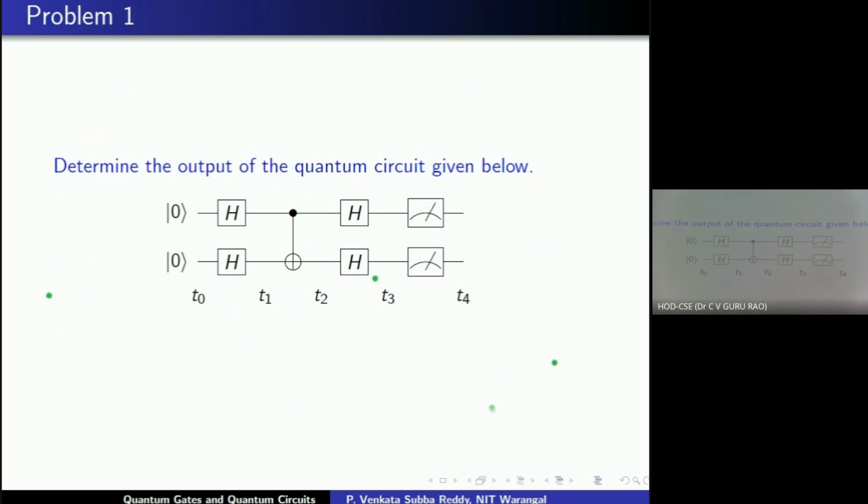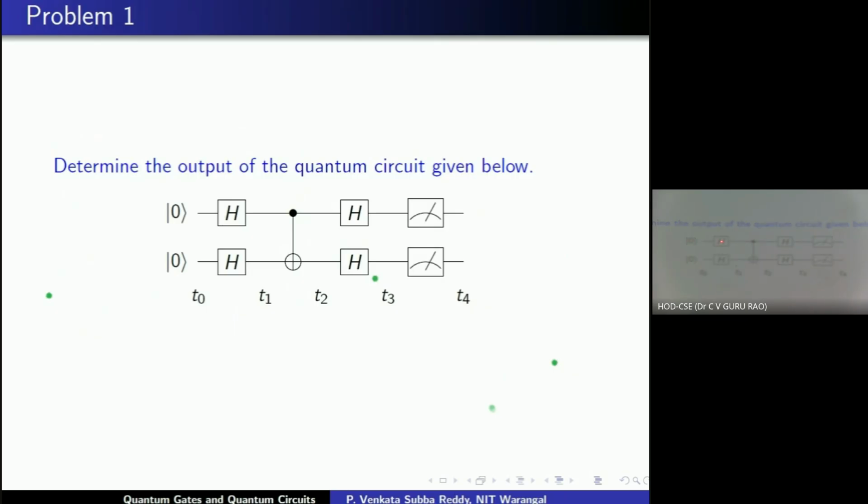What is the matrix? All are same, because tensor product is a different way of representing, and this is matrix form.